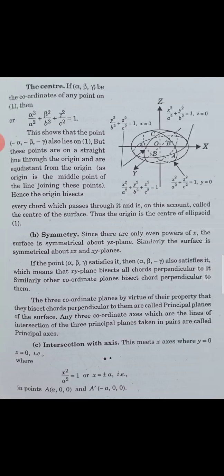Third, intersections with axes. The surface meets the x-axis where y = 0, z = 0, that is x²/a² = 1, so x = ±a, in the points A(a, 0, 0) and A′(−a, 0, 0).